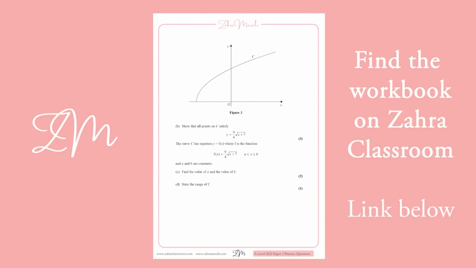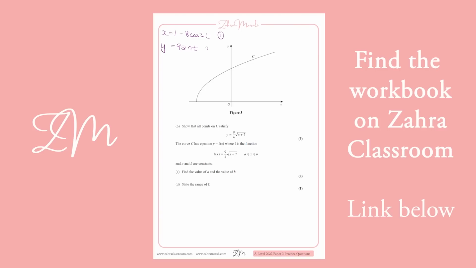Okay. The next bit of this question uses some more trig. It says, show that all points on C will satisfy y equals 9 over 4 root x plus 7. So let's remind ourselves we had x equals 1 minus 8 cos 2t and y equals 9 sine t. Whenever you have to find a Cartesian equation, you make the trig bits, the cos 2t and the sine t, the subject of each formula.